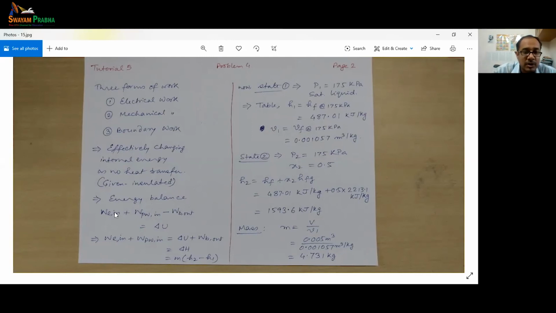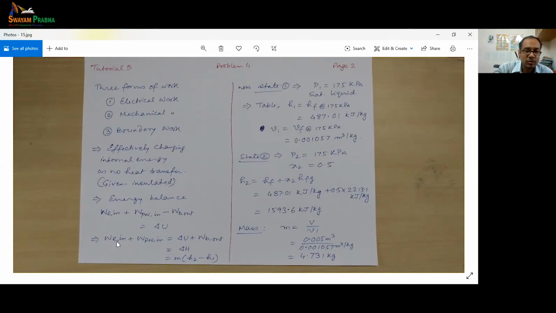Now the energy balance will give the work terms: electrical work input plus paddle wheel work input minus the boundary work output will be equal to delta U. That's the first law. The Q term is not there, only work and change in internal energy.